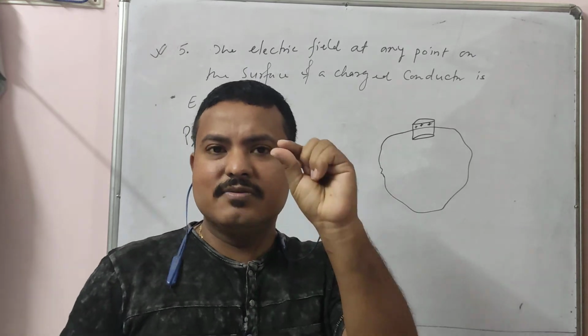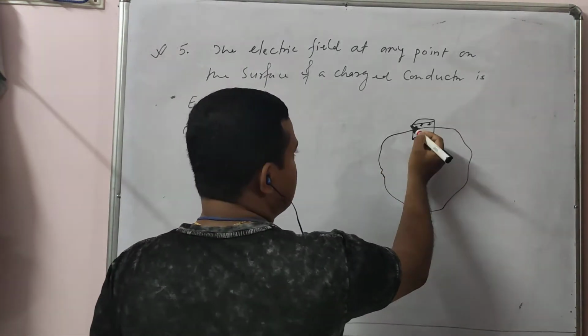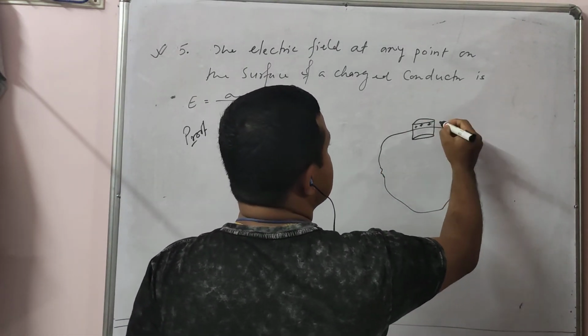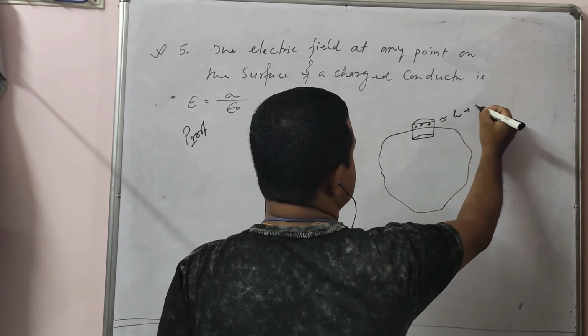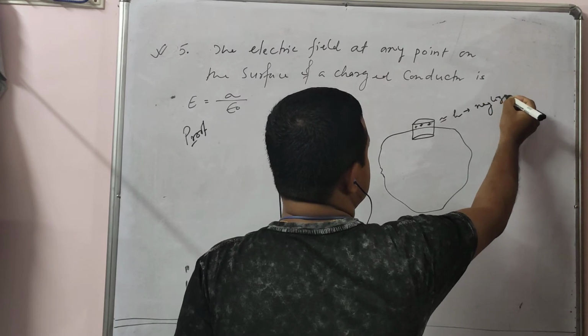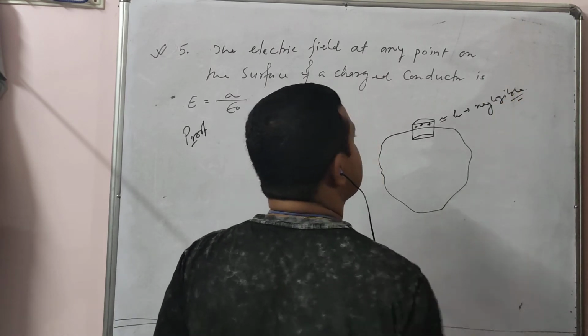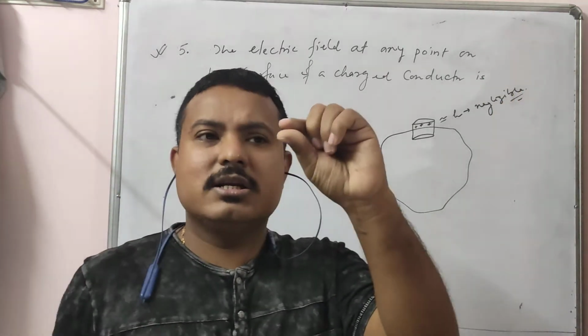Infinitely small means suppose the height of the cylinder is negligible. That means we are considering an infinitely small cylinder.